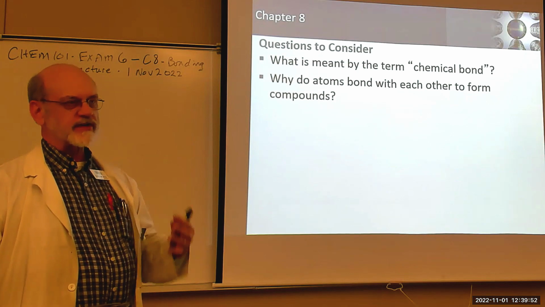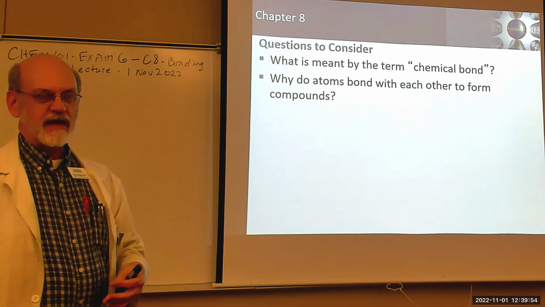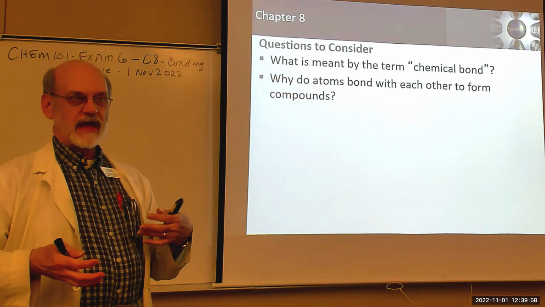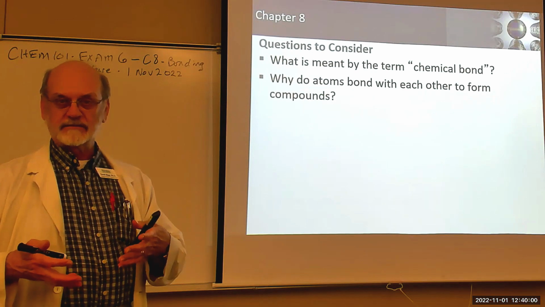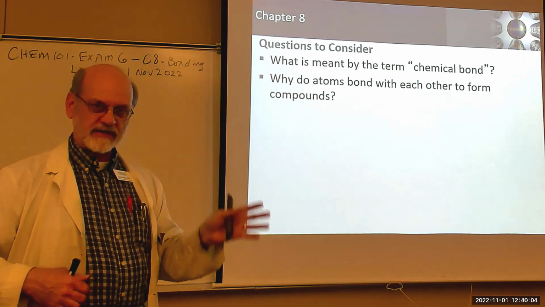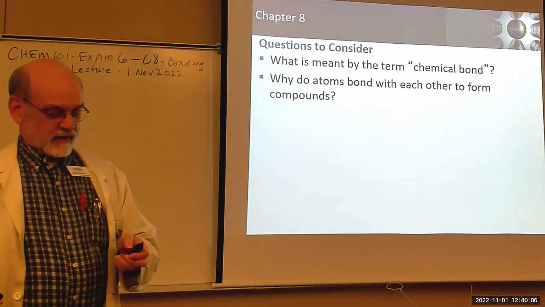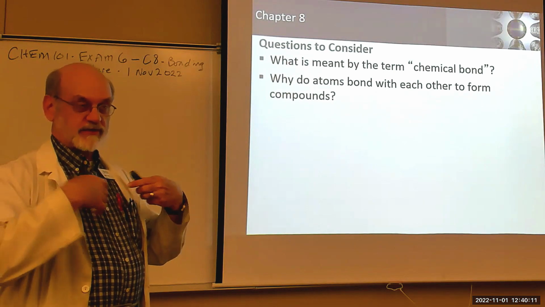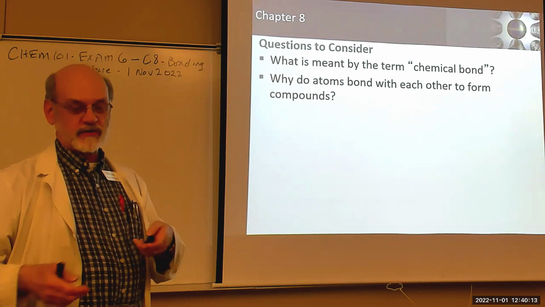Noble gases are very stable. They have an electronic configuration that is complete. It doesn't need to give up any electrons, doesn't need to accept any electrons. And in a manner of speaking, that's where elements are heading when they form bonds with each other.